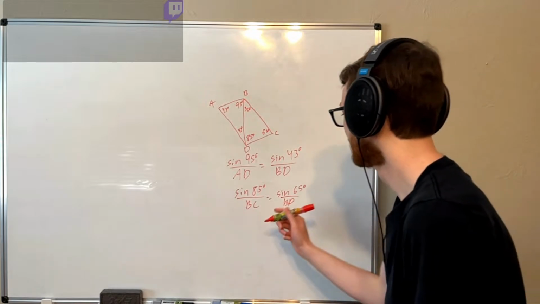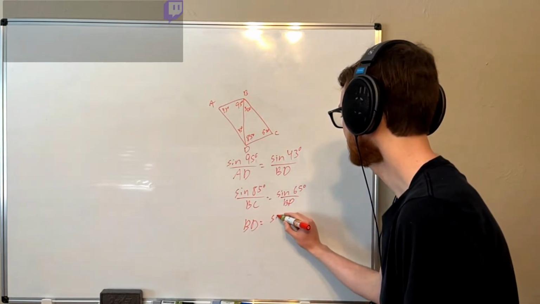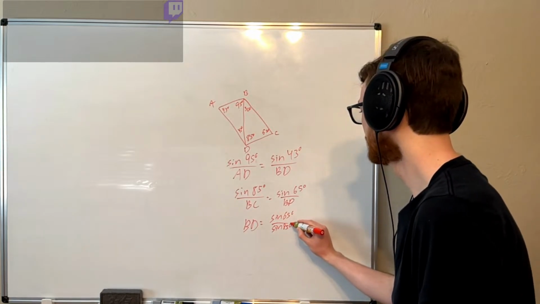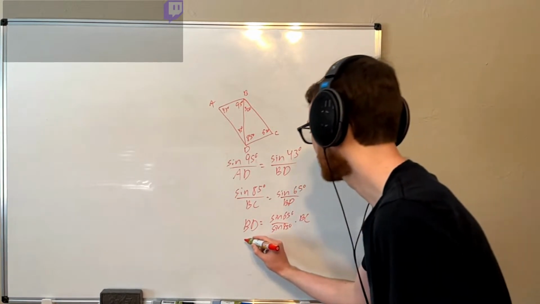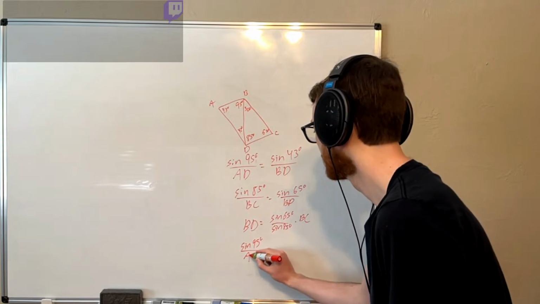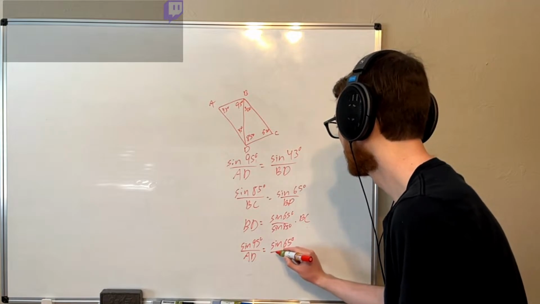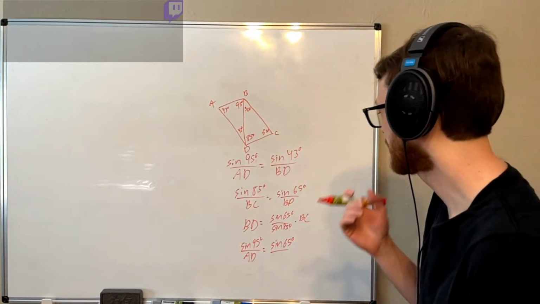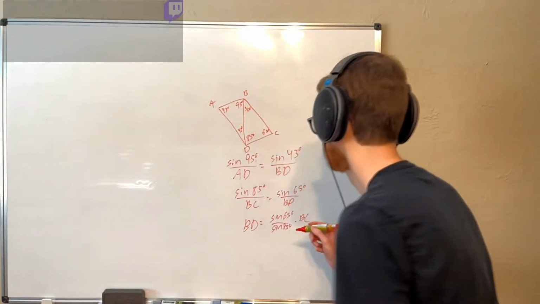Right? I guess, yeah. So BD would be equal to AD times the sine of 43 over the sine of 95. Oh, you're doing the bottom one, okay. But it should all be the same. And then you could actually solve the first one for the same thing too. Probably be easier than setting them equal to each other, rather than doing the division by division.